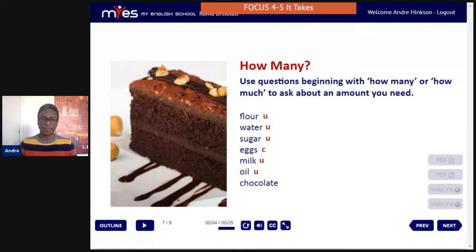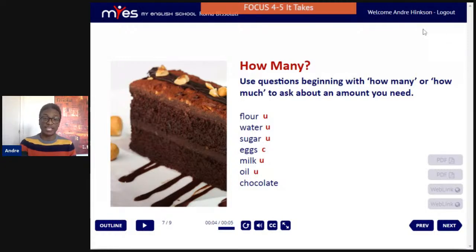Yes, milk is uncountable, of course, but chocolate, the last one. Can you count chocolate or can't you? Remember, chocolate in general. Exactly, you're correct.